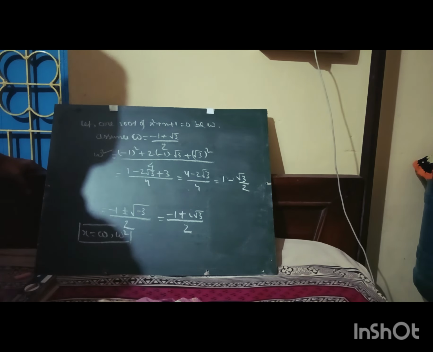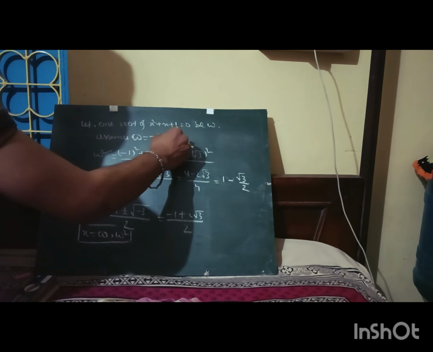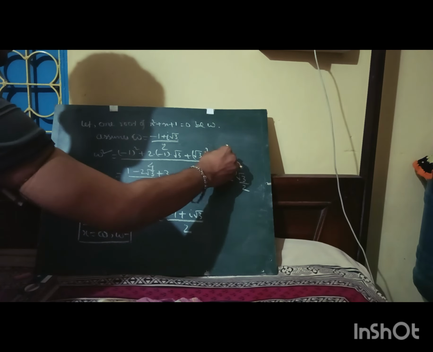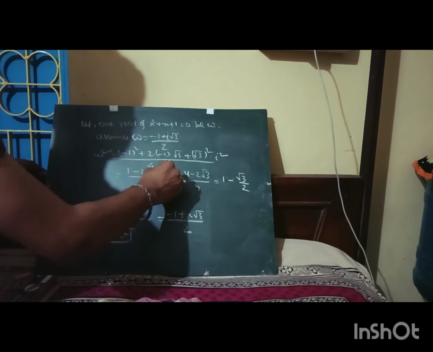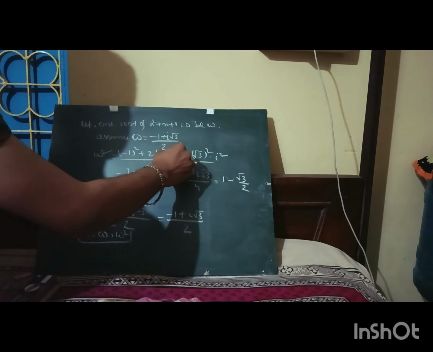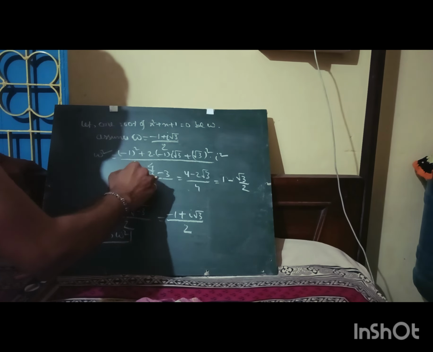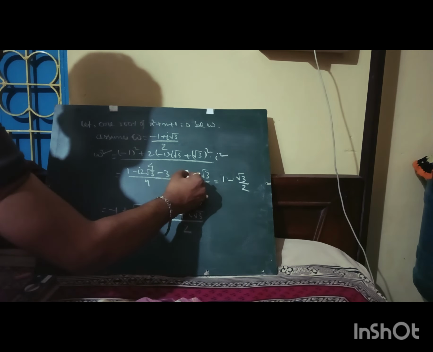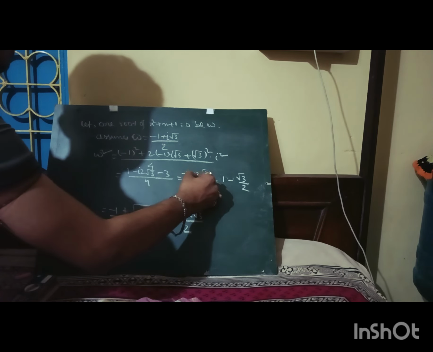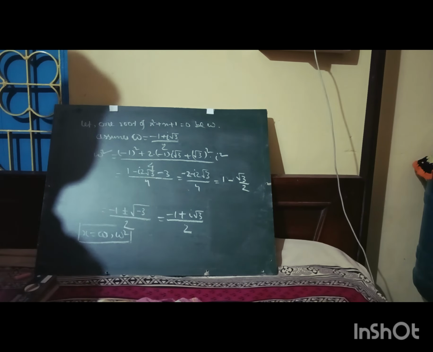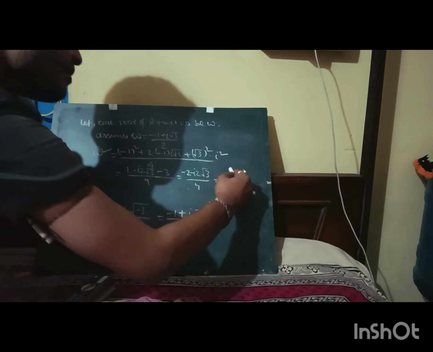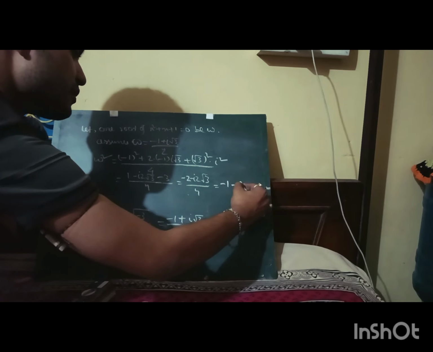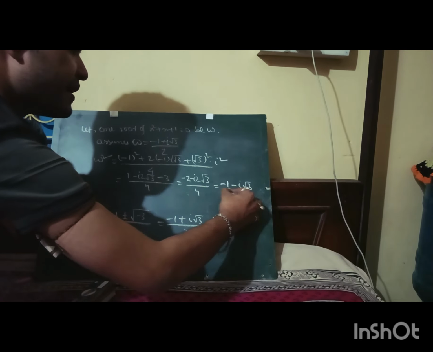Omega square means this: 1 plus, here one i is missing. Here i square will be minus 3, and minus 2i root 3. That means the result will be minus 1 minus i root 3 by 2.